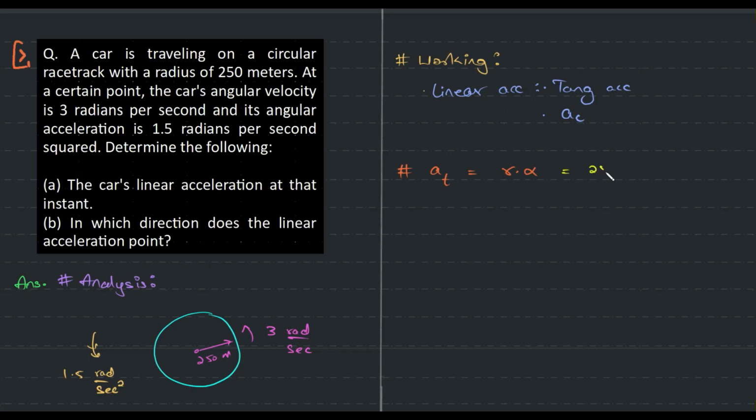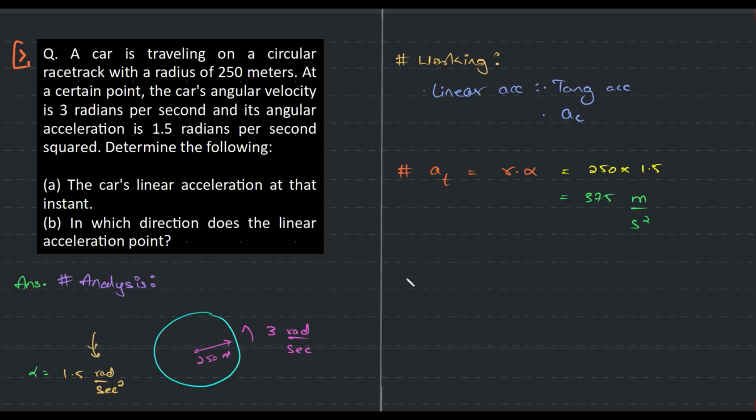That's one of the ways of finding it. This is 250 into 1.5, where alpha is 1.5 and r is your radius. So this is around 375 meter per second square.